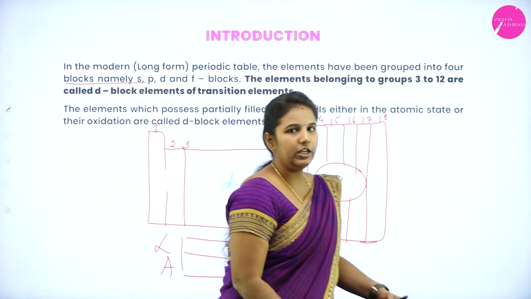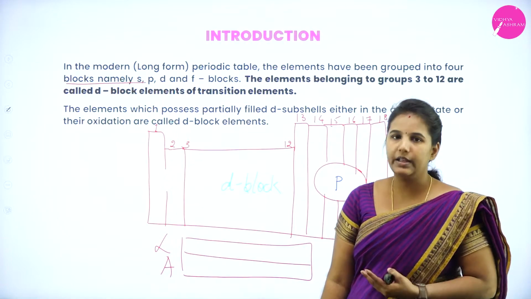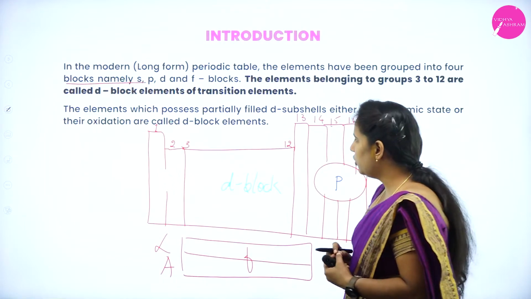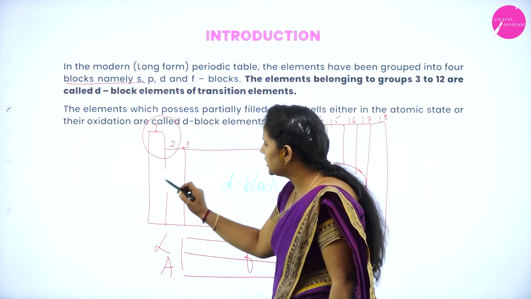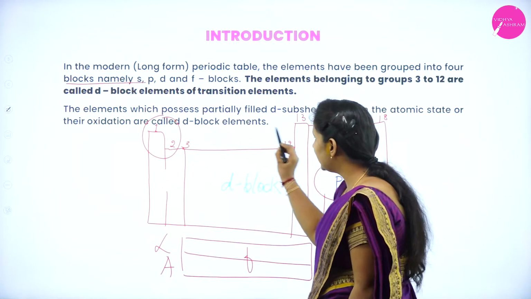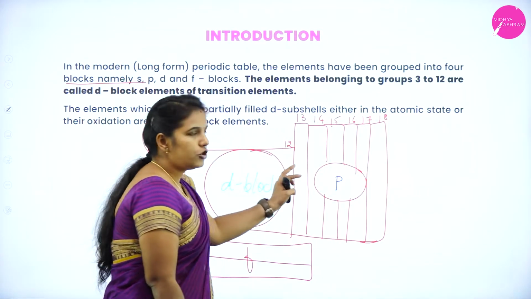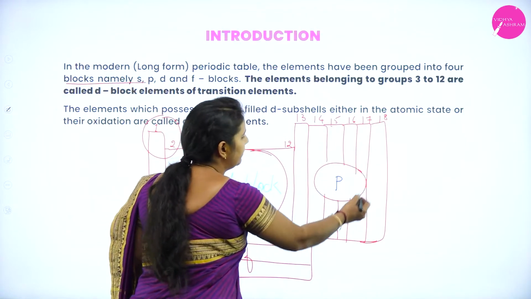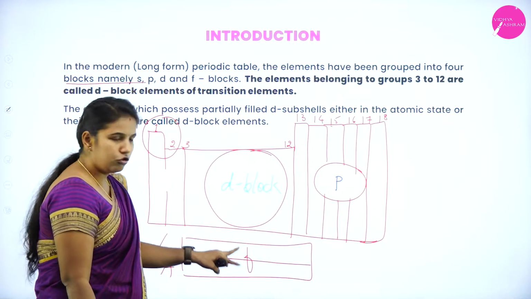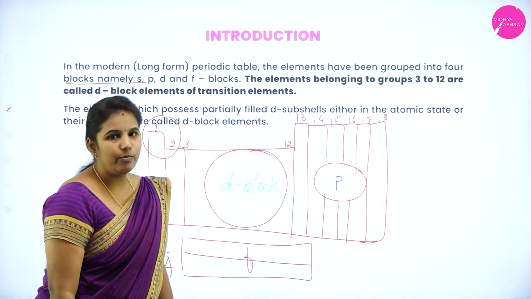You can see in this picture that in the modern periodic table, the entire table has been divided into 4 blocks: S, P, D and F. We know that group 1 and group 2 elements together are known as S block elements, groups 3 to 12 are known as D block elements, groups 13 to 18 are the P block elements, and the last 2 groups kept below the periodic table are known as F block elements.